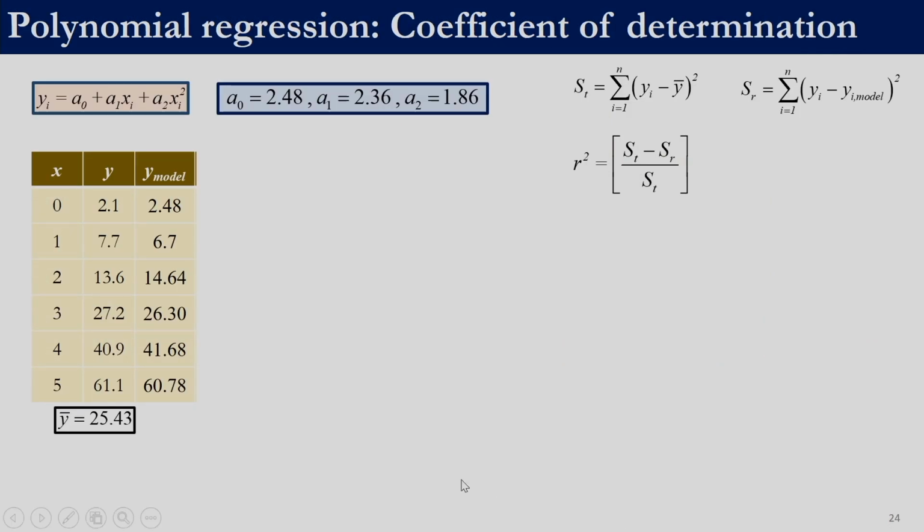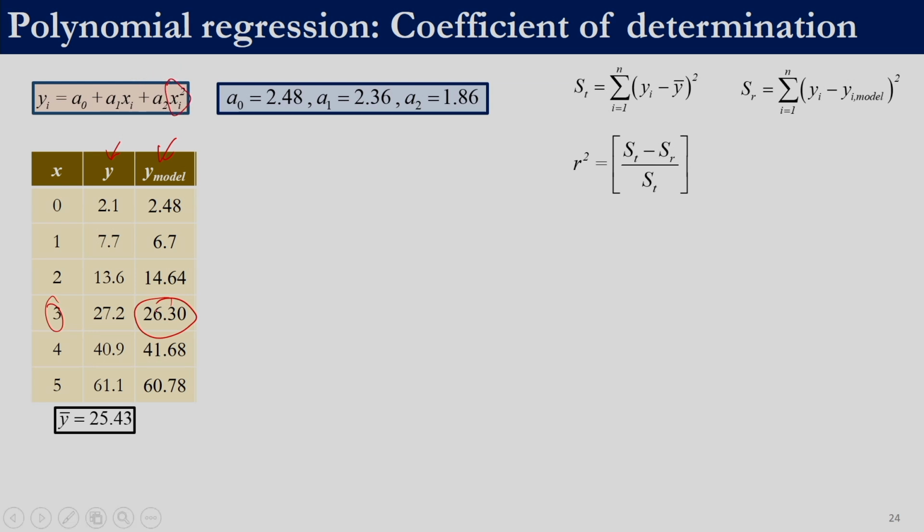So, the coefficient of determination is the same concept. We have the observed value, and we know the model value because we know the coefficients. For example, this 26.30 is going to be 2.48 plus 2.36 into 3 plus 1.86 into 3 square because of this model.